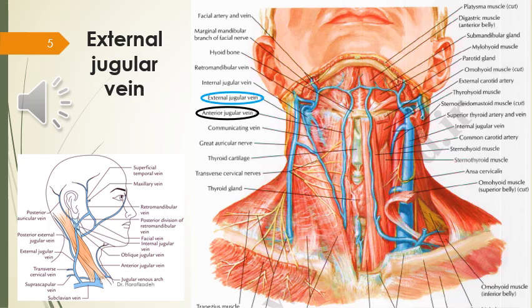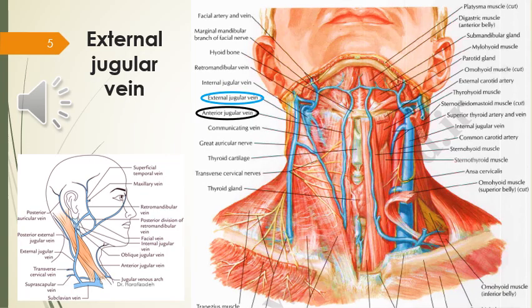It drains into the jugular venous system in the region. In this region, this vein drains into the subclavian vein or the region where the subclavian vein and internal jugular vein meet together. Okay.